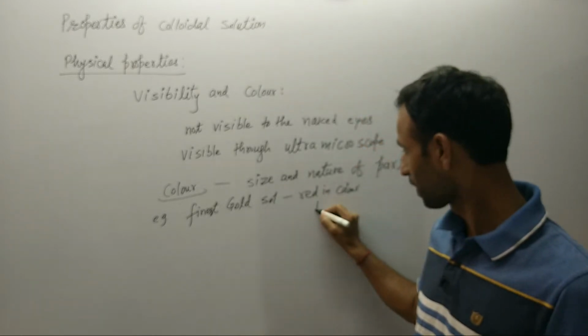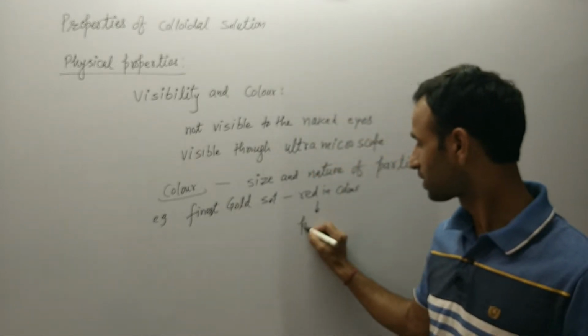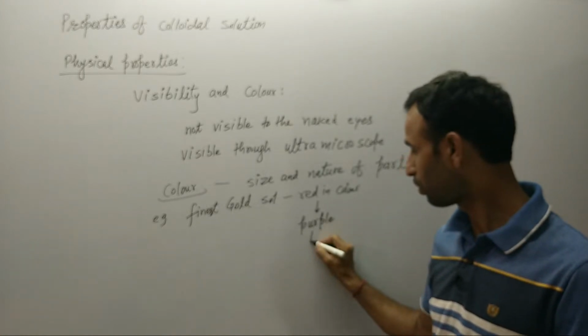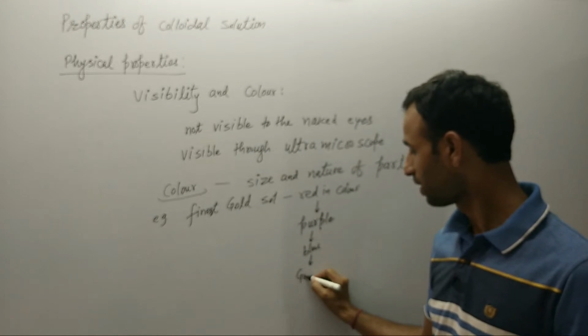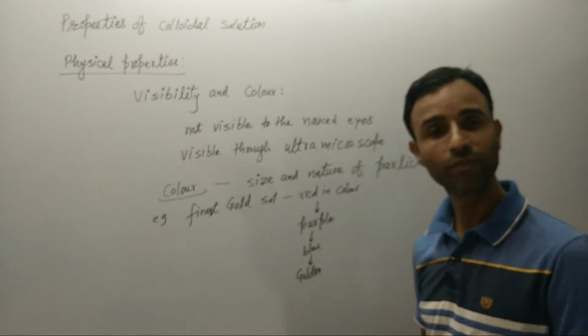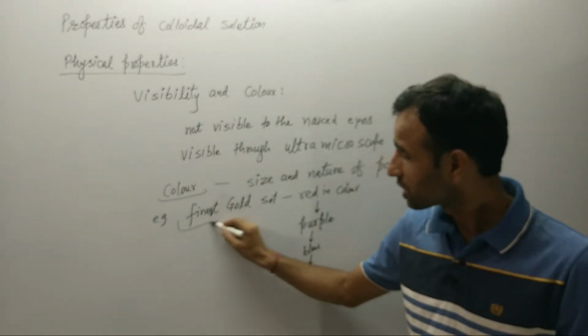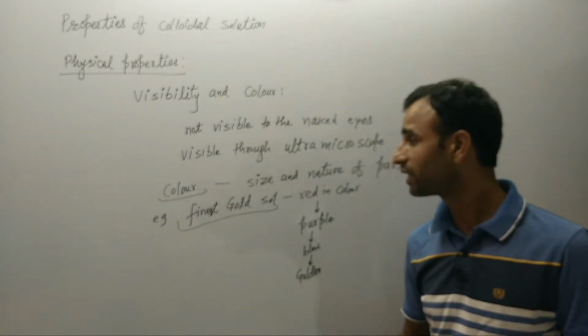But when particle size grows, then it turns purple, then blue, and finally golden color. So that means the size of the particle and nature of the particle decide the color of the colloidal particles.